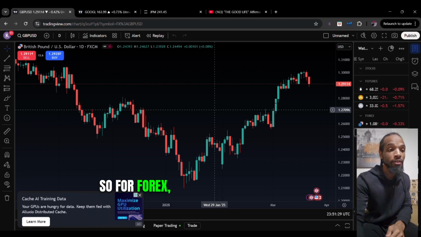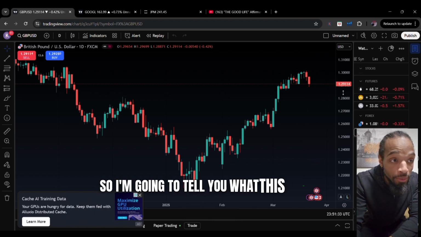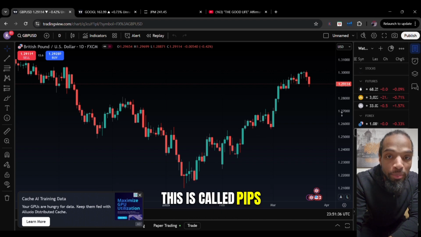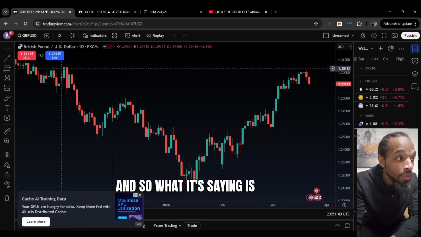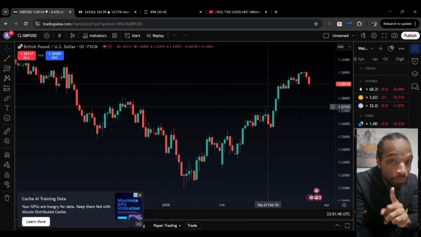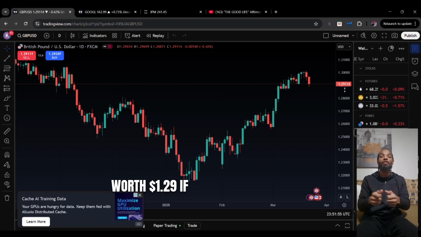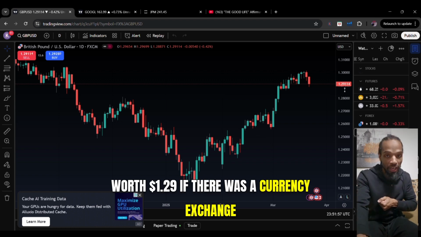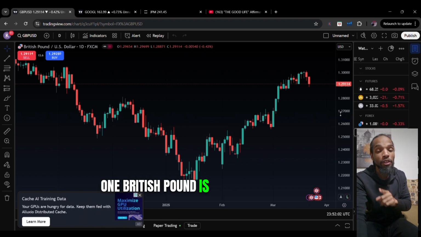So for Forex, the price right here, I'm going to tell you what this means. For Forex, this is called pips. And what it's saying is one British pound is worth $1.29 if there was a currency exchange.